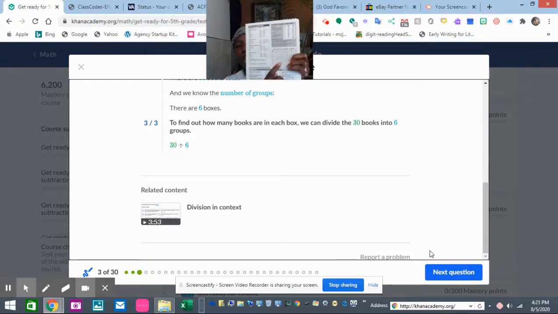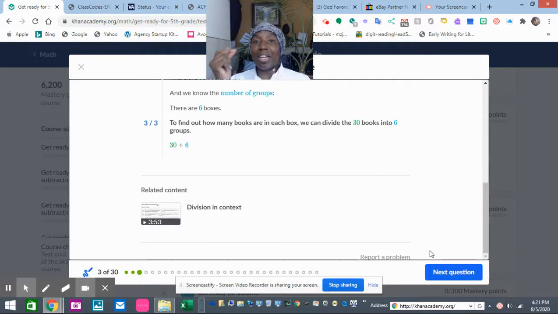And one of the best ways that you can learn how to multiply and divide like that is to know how to count by twos. 2, 4, 6, 8, 10, 12. You only had to go up to 12, remember? Because the highest that you multiply by is 12 by 12, and that equals 144.